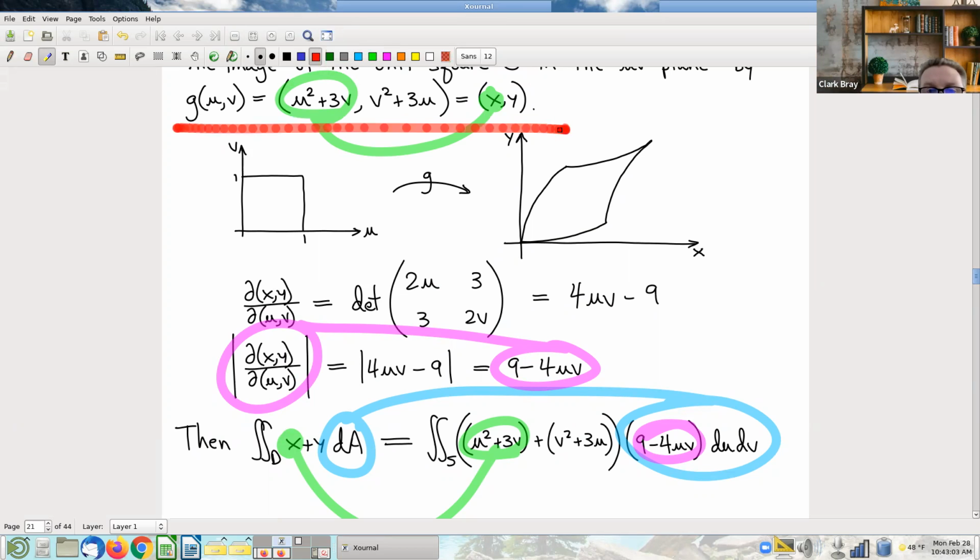Our change of variables function tells us what x and y are in terms of u and v. And so likewise, I can see right here, y is v squared plus 3u. Everybody good?